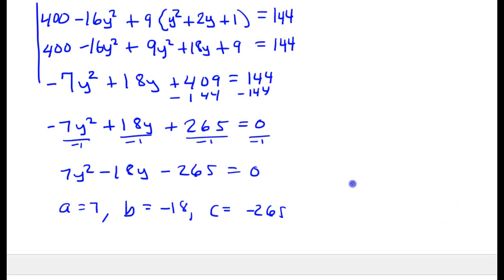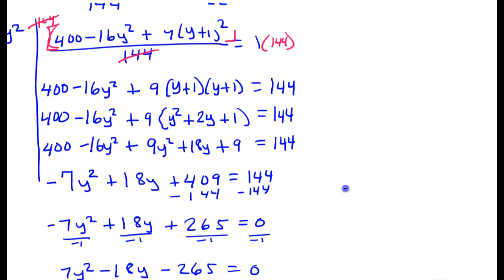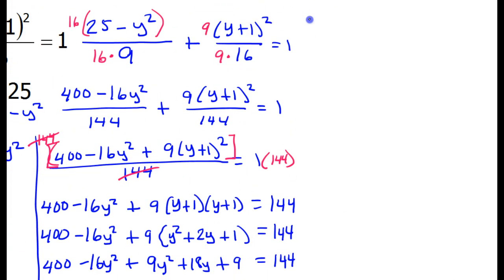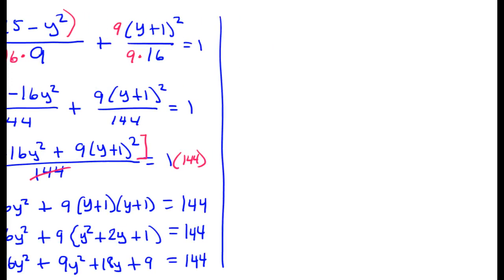So I'm just going to use the quadratic formula over here. I've got loads of space, so I might as well use it to my advantage. So the quadratic formula, hopefully you will recall, and I should say y, because we're solving for y right now.